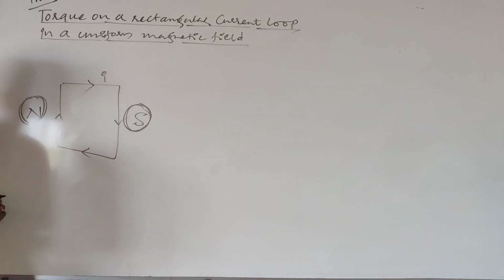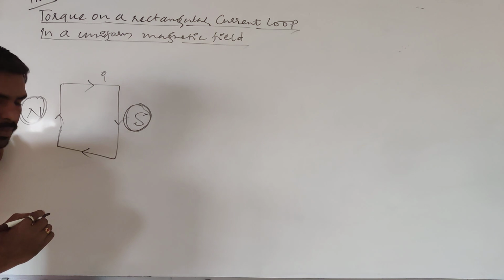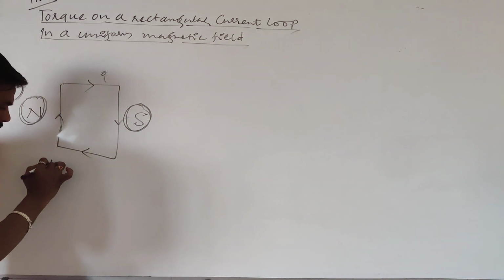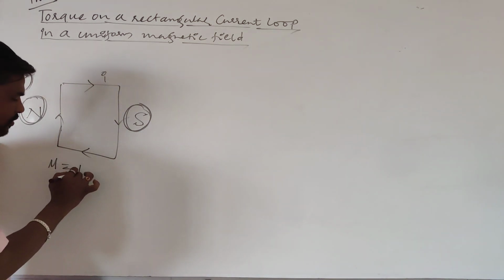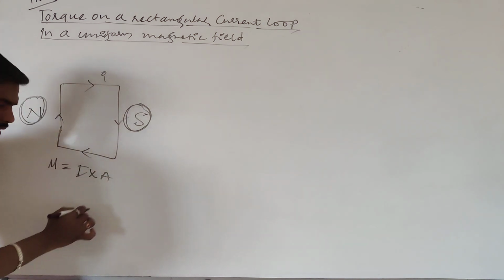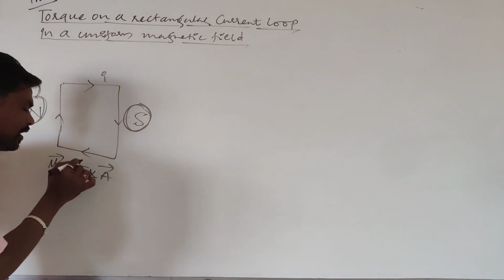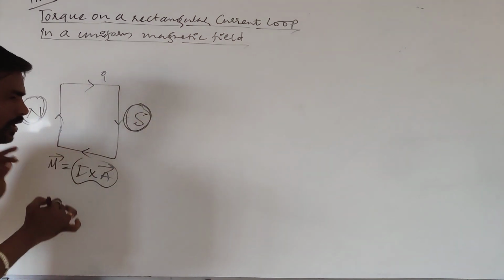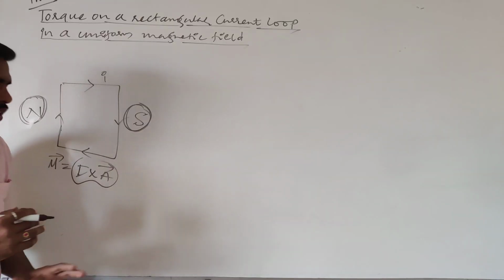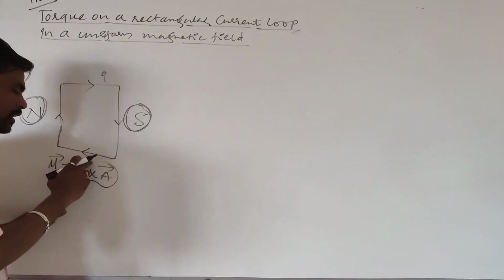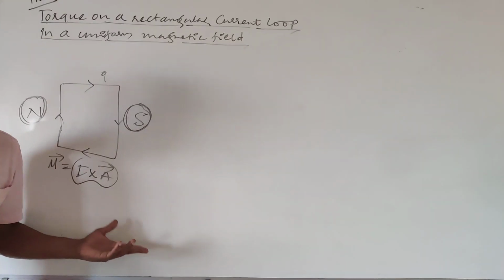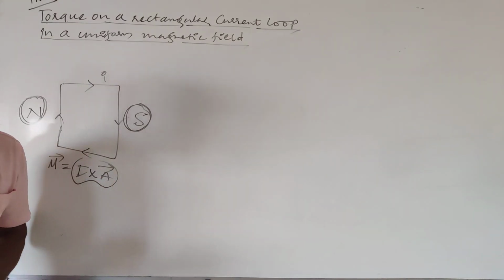Right? Here the magnetic dipole moment is also coming. The magnetic dipole moment is equal to IA, the product of current into area.